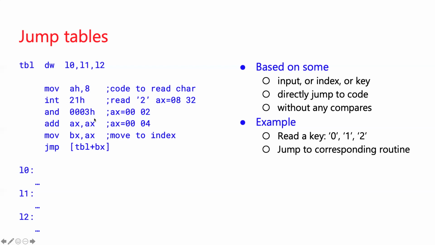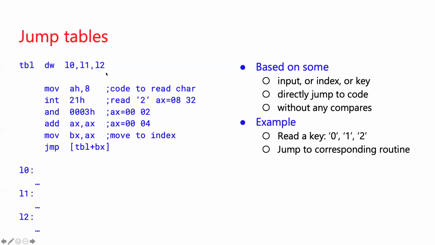ANDing with that, just like in C class, will discard all the high order bits, set them all to 0, and just leave you with the 2 low order bits of whatever ASCII code we got back from this read. If the user typed a 0, all we'll be left with here is a 0. If they typed a 1, we'll have a 1. If they typed a 2, we'll have a 2.